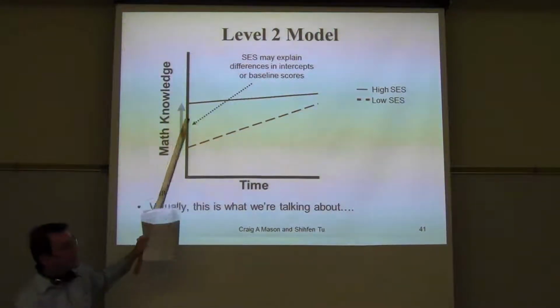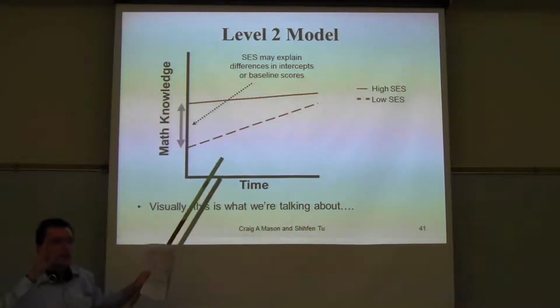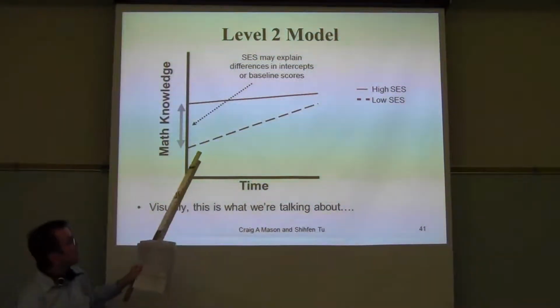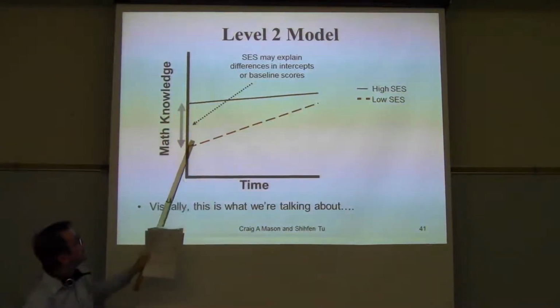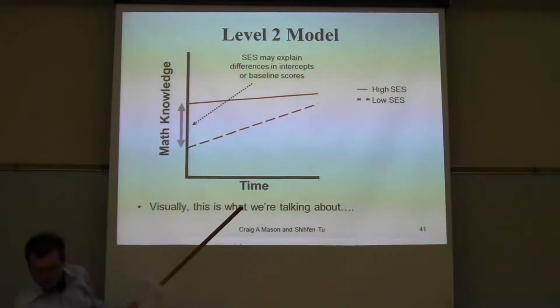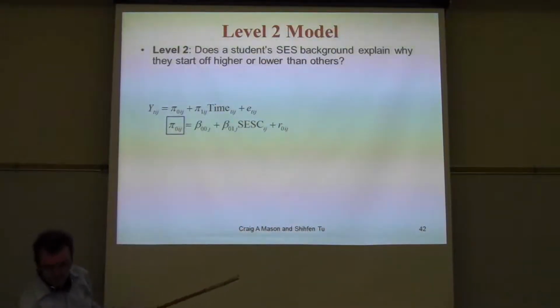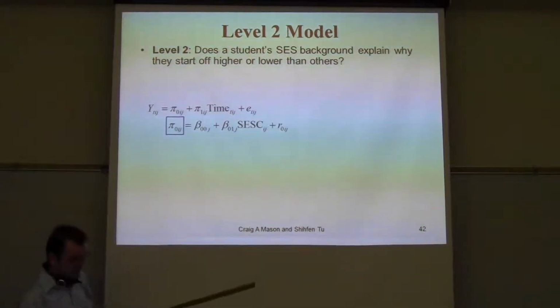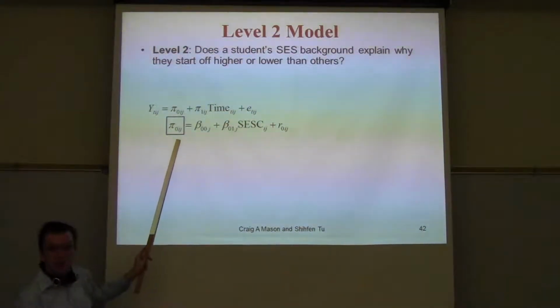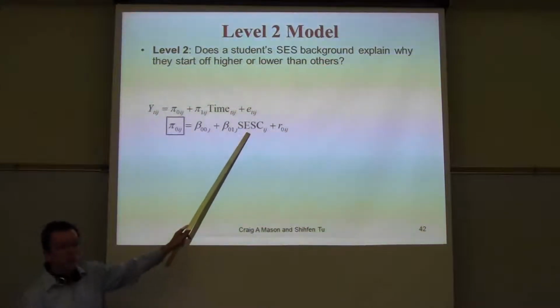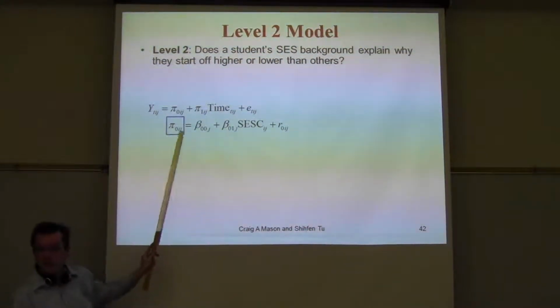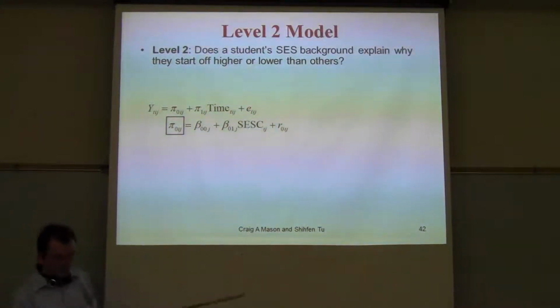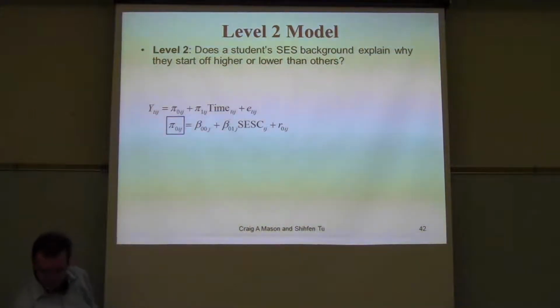If you can visually think of what the data looks like, this is what it's starting to get at. So pi 0 ij, that's just their baseline score, right? That's what we're trying to predict. Are those baseline scores influenced by the child's SES?